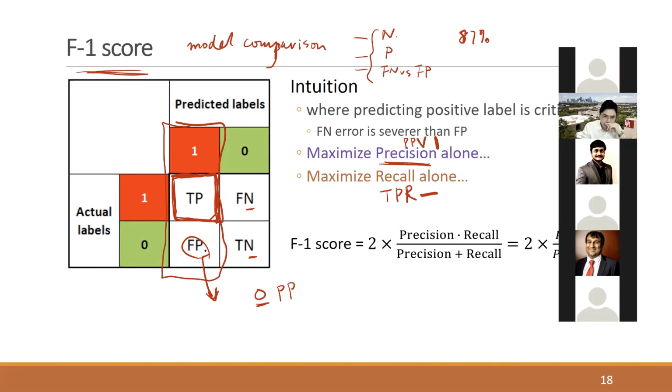When I have zero positive, when I don't make any positive prediction, I will have zero false positive mistake. And the opposite side of that is I have perfect precision.